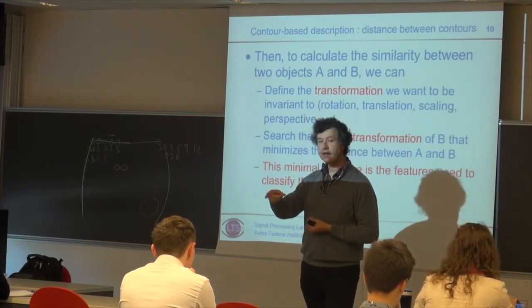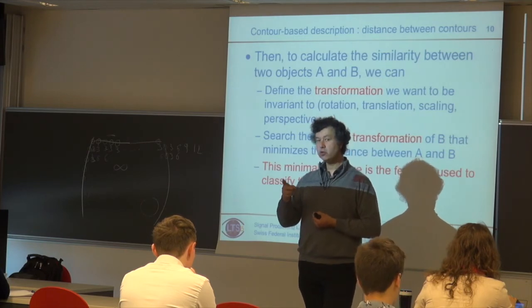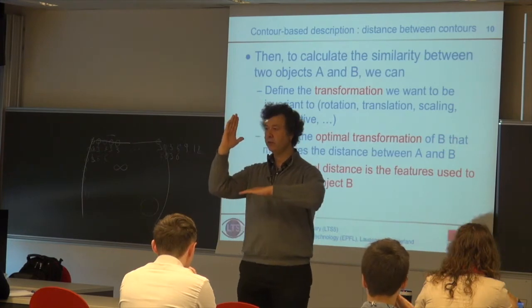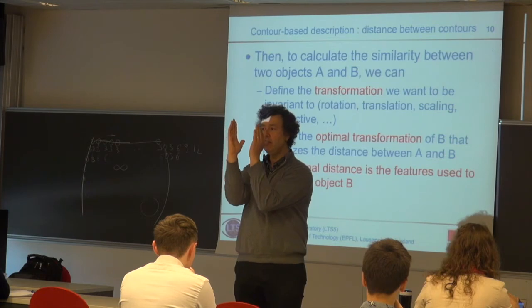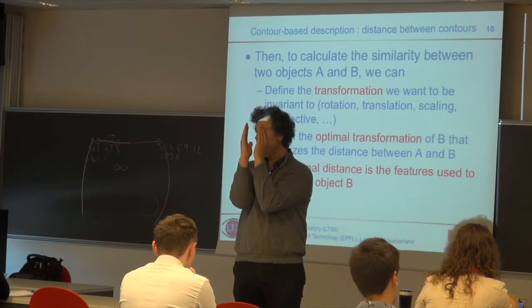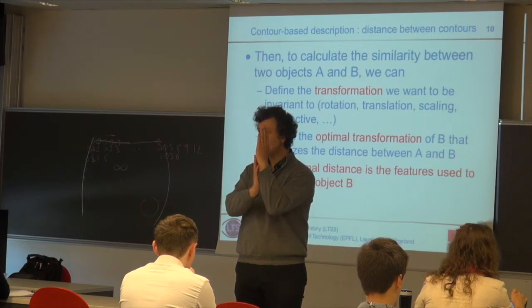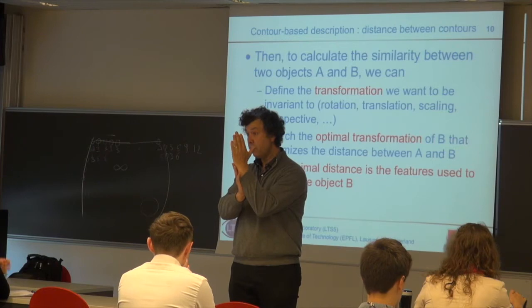What he's saying is that you should align your objects. You should see your rectangle is vertical, your rectangle is horizontal. You should first look at the geometrical transformation that matches your object, the geometrical transformation that minimizes your distance.